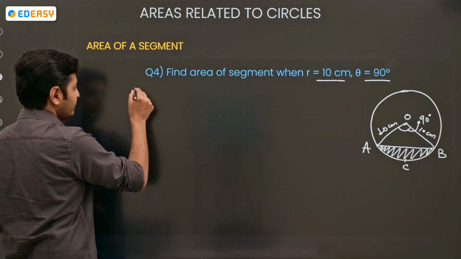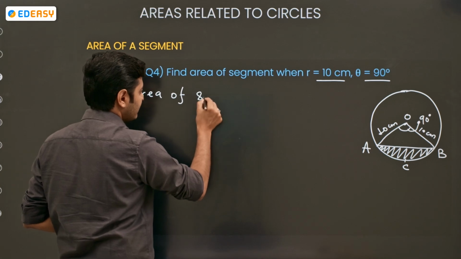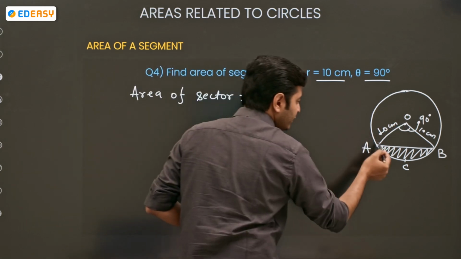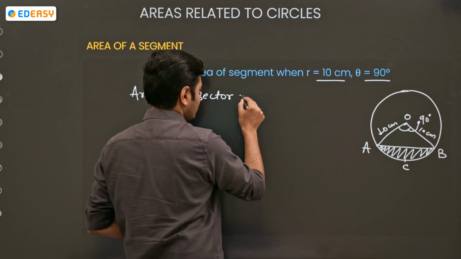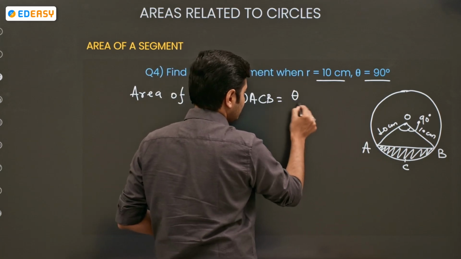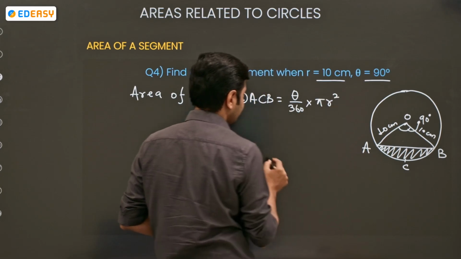So first, we need to find the area of the sector. What is the name of the sector? OACB. The area of sector OACB is theta by 360 into pi r square.